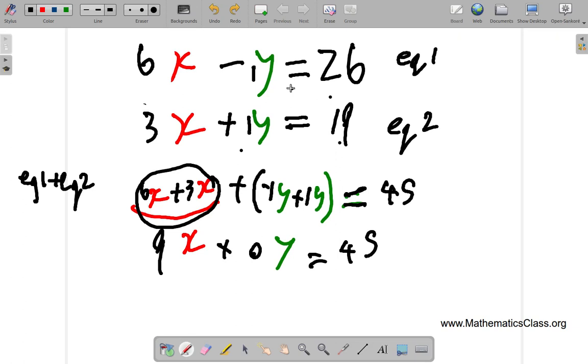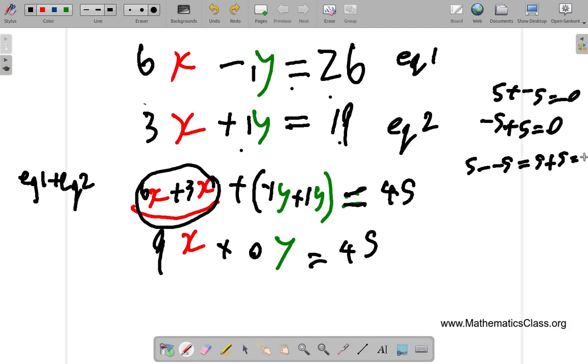Don't just try to memorize it that way, understand that. If one is negative and one is positive, you should add them in order to eliminate. Because if you have a positive 5 plus a negative 5, that is 0. If you have a negative 5 plus a positive 5, that is 0. If you add them, you will eliminate by getting a 0. If you subtract them, it won't work. 5 minus negative 5 is the same as 5 plus 5, which is 10, not 0. Negative 5 minus 5 is going to be negative 10, not 0.